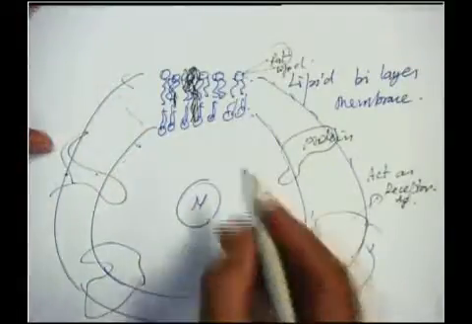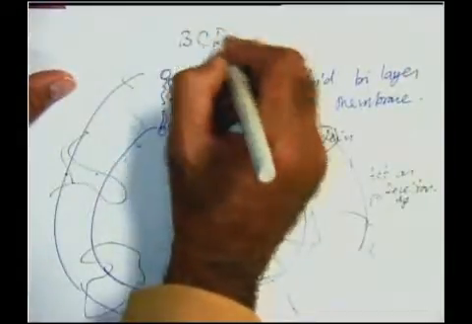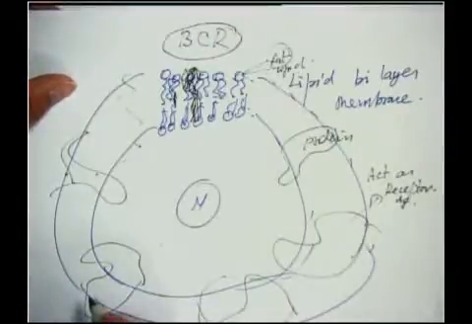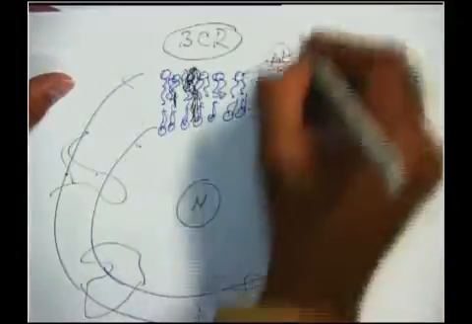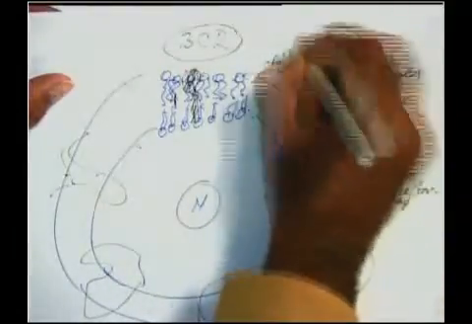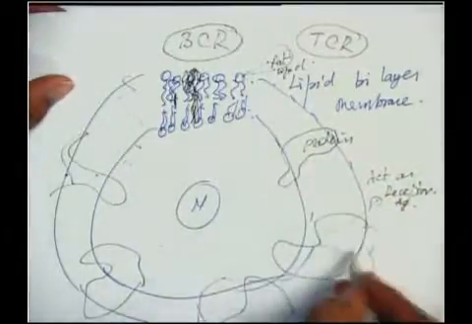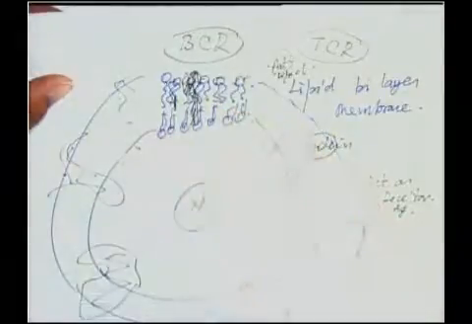In short, we call it BCR, B cell receptor. The same thing we can also study about the T cell. So the T cell receptor is going to be TCR. Okay. So we are concerned about this molecule, this protein of the receptor which is present in the lipid bilayer membrane.